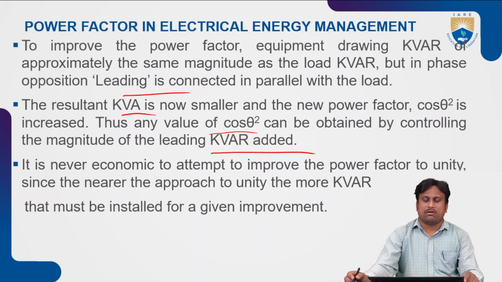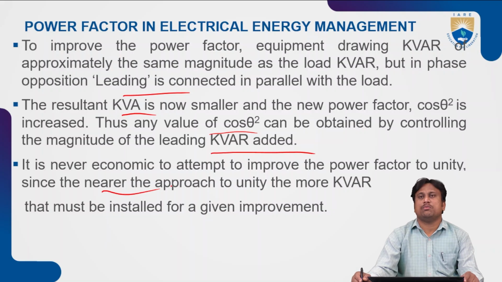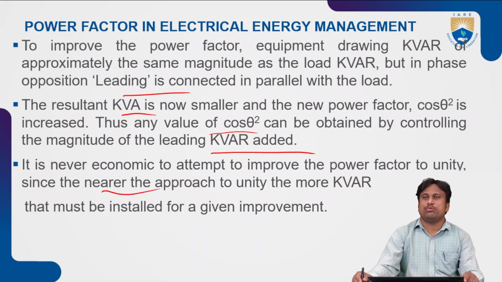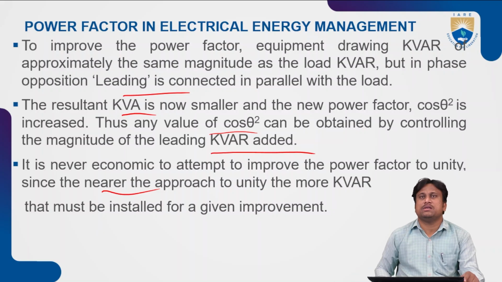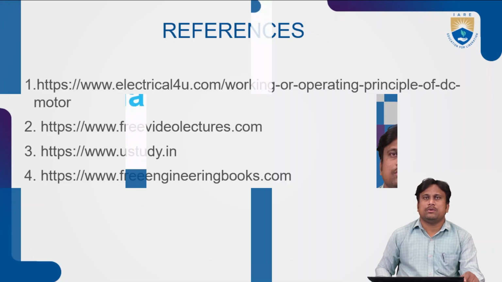It is never economic to attempt to improve the power factor to unity, since the nearer to unity, the more kVAR must be installed for a given improvement. So likewise, power factor in electrical energy management is treated mostly. These are some of the references we can make for more information, with some other videos.